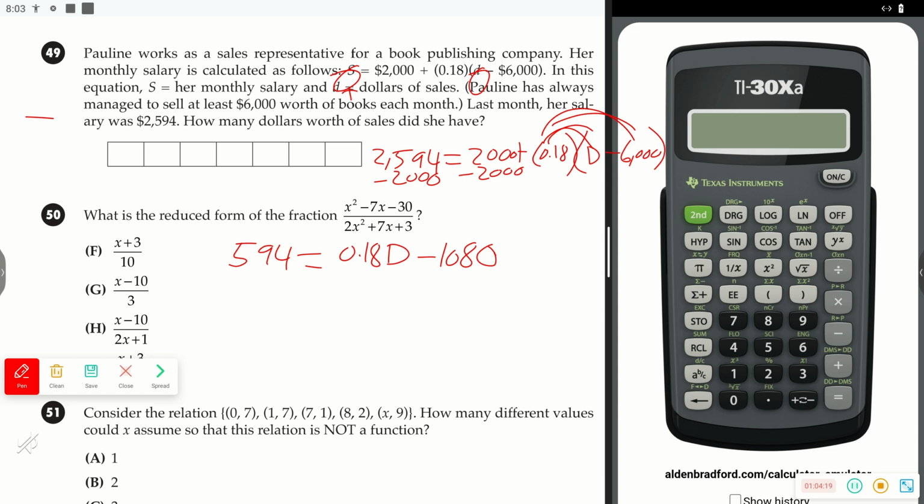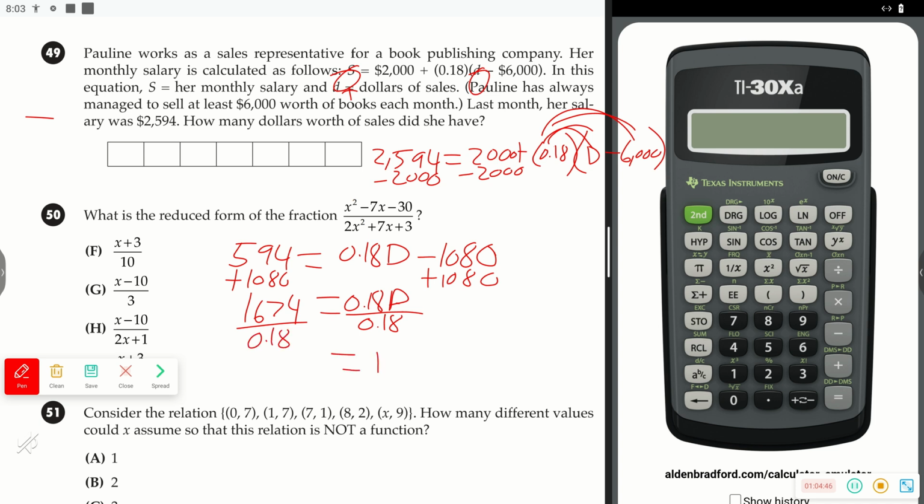So to get rid of the negative 1080, we're going to have to add 1080 to both sides. So 594 plus 1080 is going to be 1674, which equals 0.18D. To get rid of the 0.18, we divide both sides by 0.18.